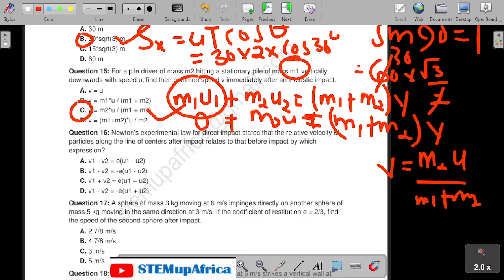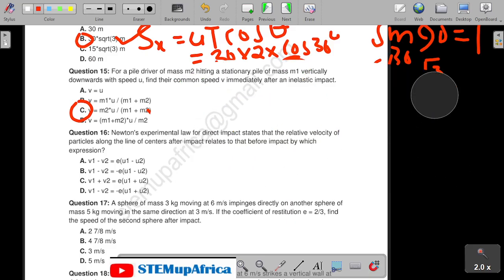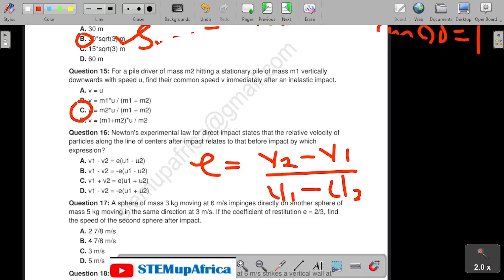We know from relative velocity of two bodies traveling at different velocities, the relative velocity of the first body related to the second will become v2 minus v1. That's the relative velocity of separation. Let me just take the formula directly. We have a restitution coefficient, which is our e, simply the relative velocity of separation divided by the relative velocity of approach.